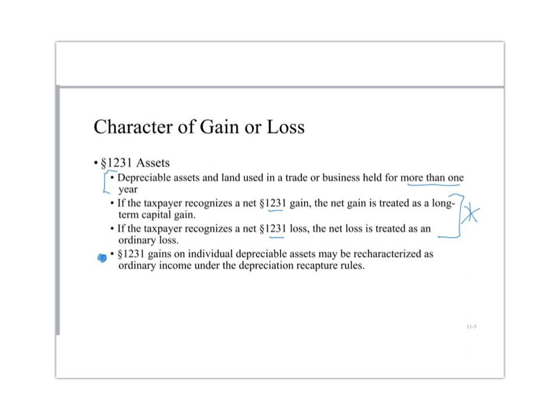There is a caveat, and that's this one right here. Potentially your 1231 gains this year could be recaptured or recharacterized as ordinary income depending on the depreciation recapture rules, and we have this thing called the 1231 look back rule.